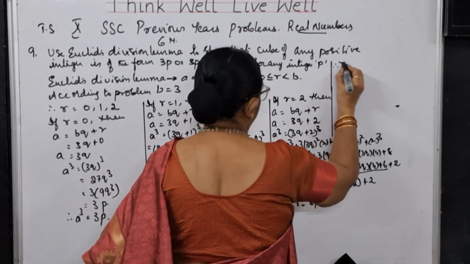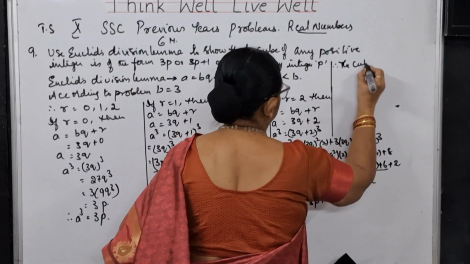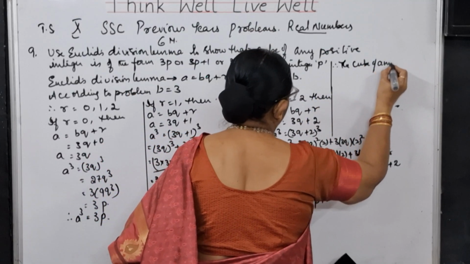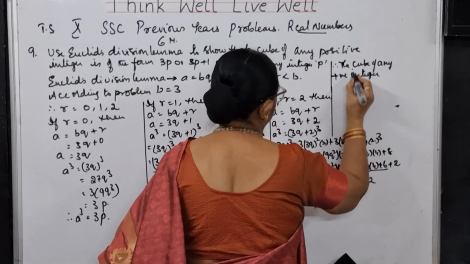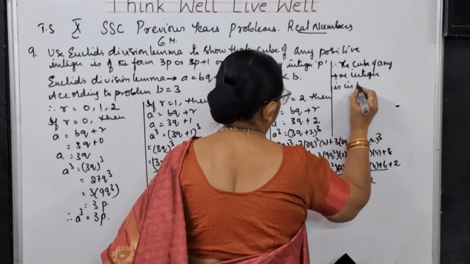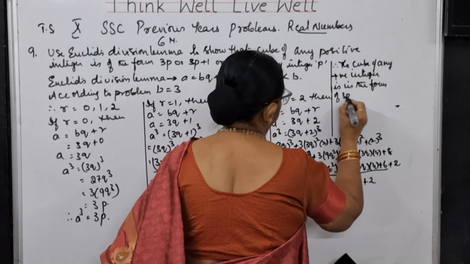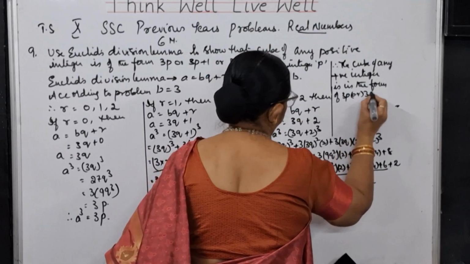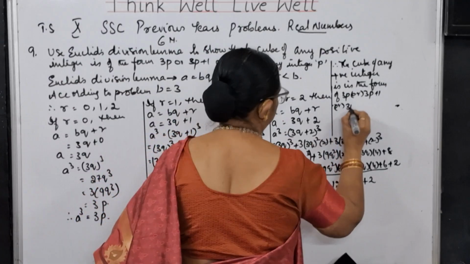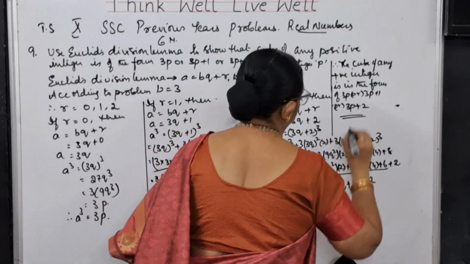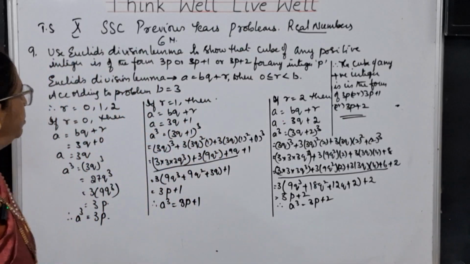Therefore, the cube of any positive integer is in the form of 3p or 3p plus 1 or 3p plus 2. So, this is what you have come to as the conclusion for this problem, children. Please copy.